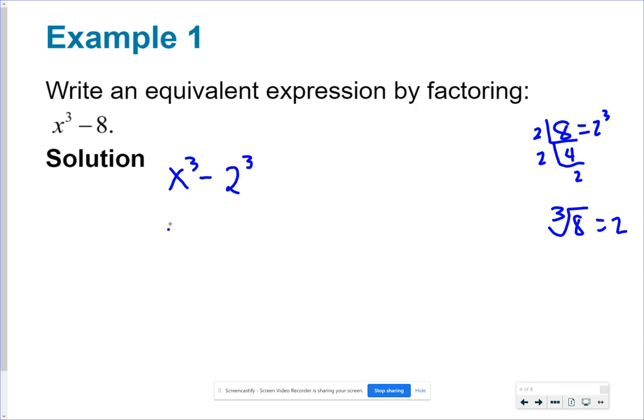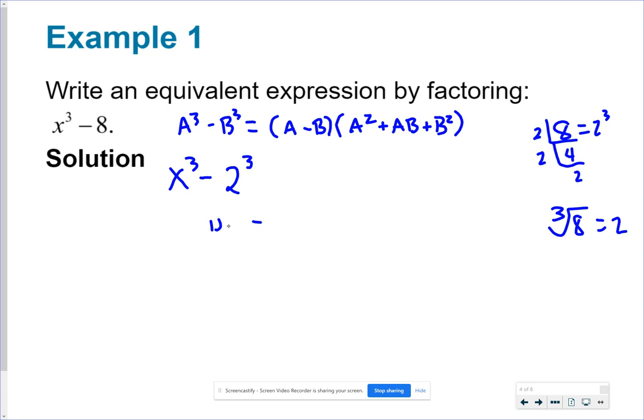So now when I plug these into my formula, I'm going to look at the formula for a cubed minus b cubed. Maybe I'll write it up here. A cubed minus b cubed factors as a minus b times, look back at your formula, a squared plus ab plus b squared.